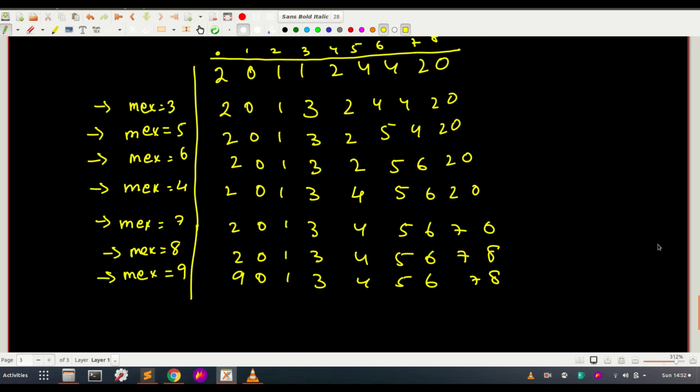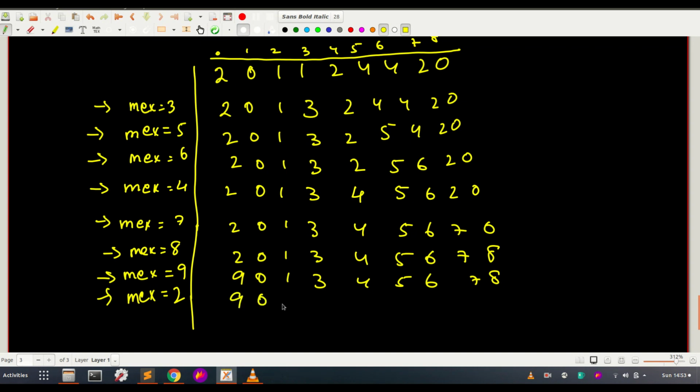So now the next MEX that I receive over here is definitely going to be between 0 and n minus 1, because I've already replaced a position with n. So the next MEX is 2. Now I can continue my iterations just as I was doing before.